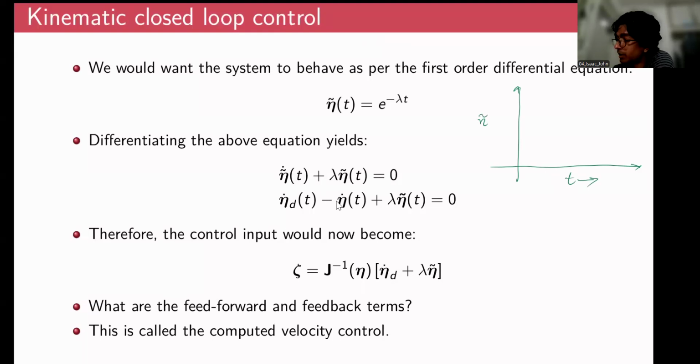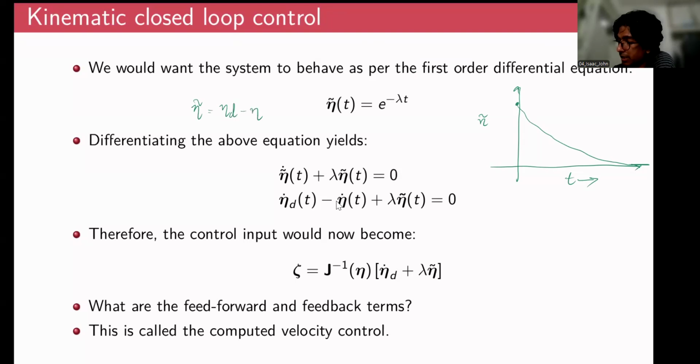So as time tends to infinity, eta tilde would begin from a non-zero value, but it would asymptotically converge to 0. Right? Where this eta tilde is nothing but the difference between the desired and the actual coordinates.